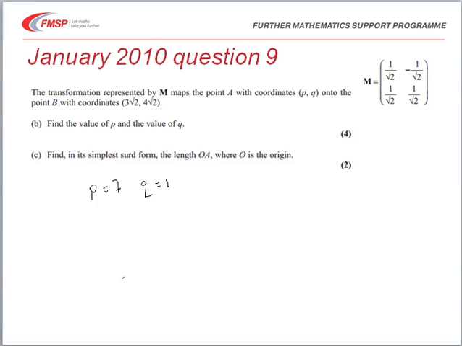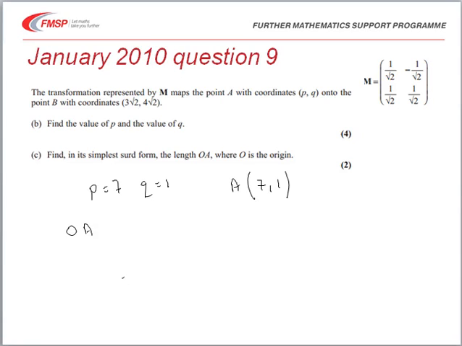Part C of the question asks us to use the values of P and Q to find the length of OA. So A is the point 7, 1. So the length is simply using Pythagoras' theorem to give us the length of the vector.